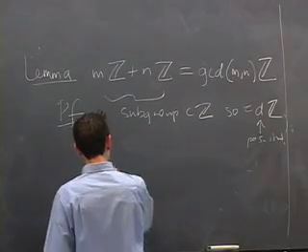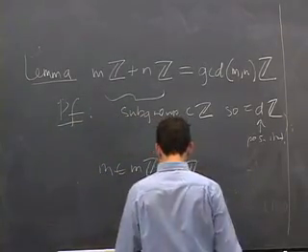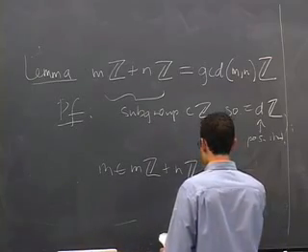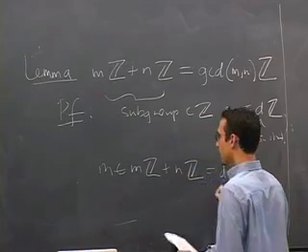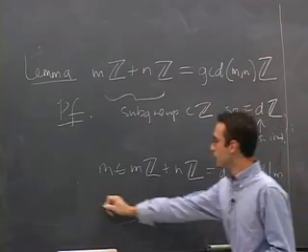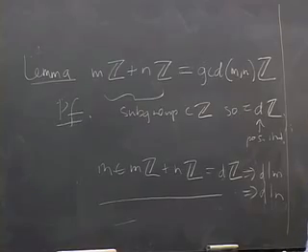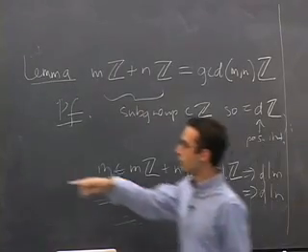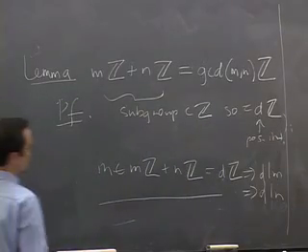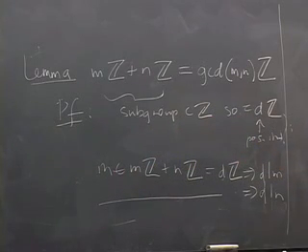Now, since m is in mZ plus nZ, which is exactly dZ, d certainly divides m. Same argument, d divides n. So the first part of this characterizing property is verified.